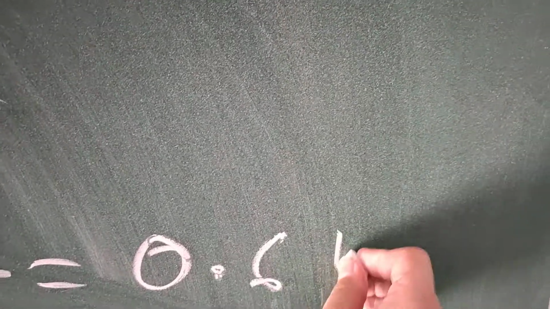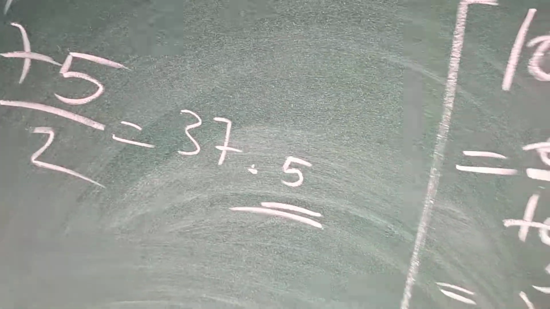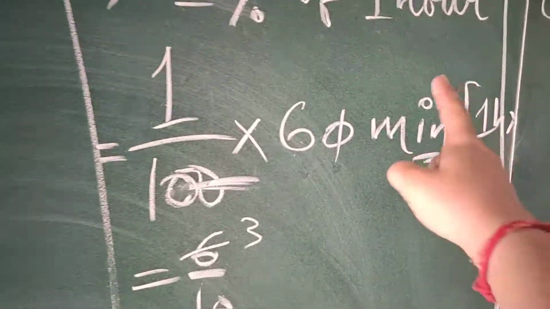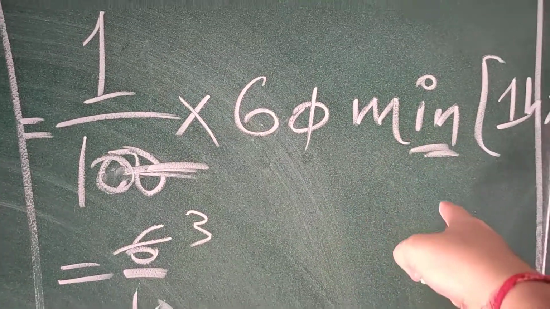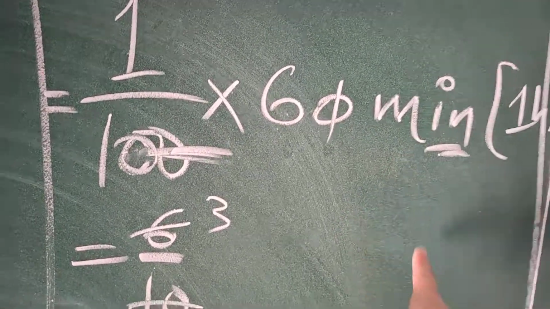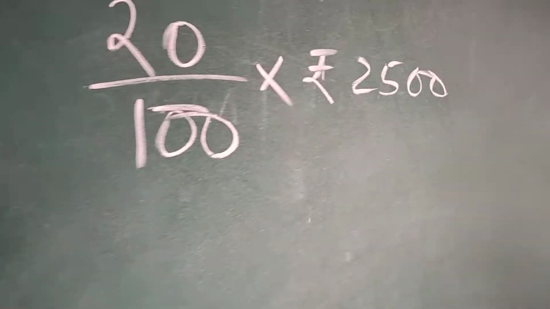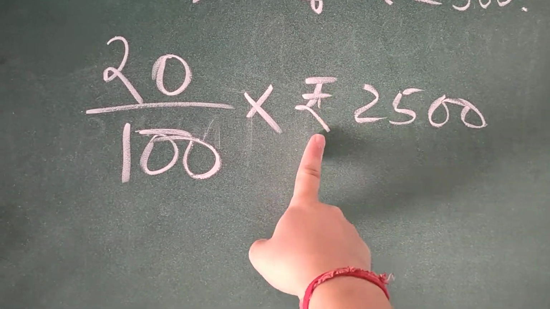You have to write the unit which you are finding. Over here in the first part there is no unit, so you write simply 37.5. But here you have a unit, right? So it is very compulsory to write the unit. So over here the unit is rupees.